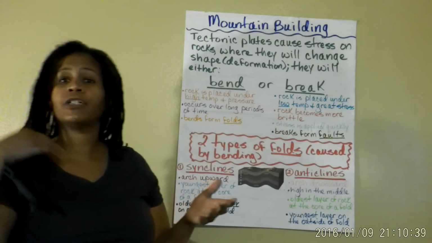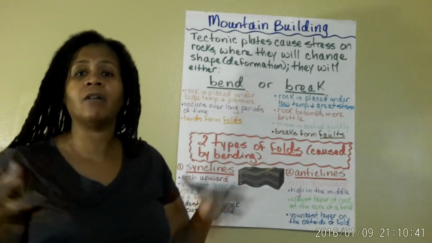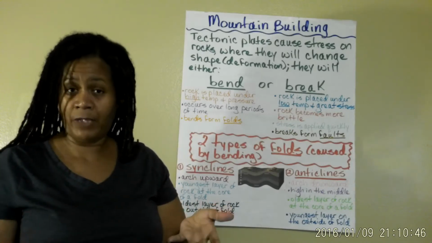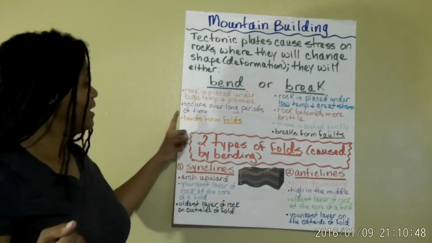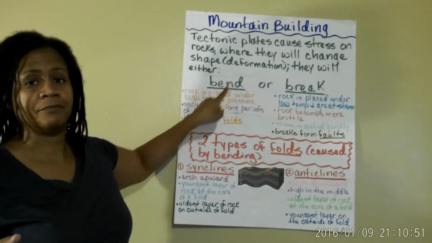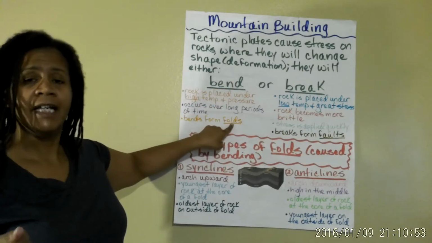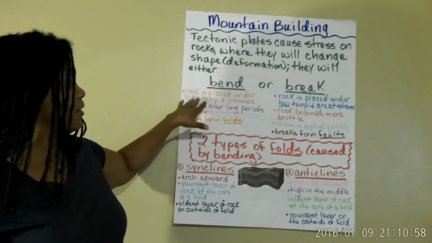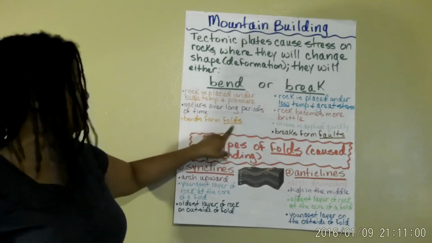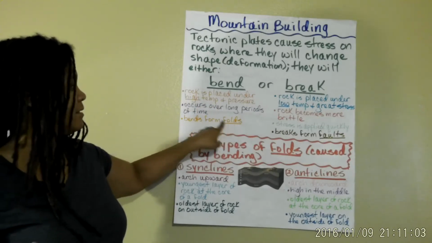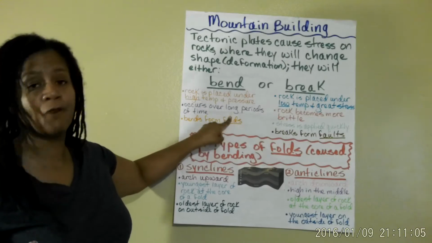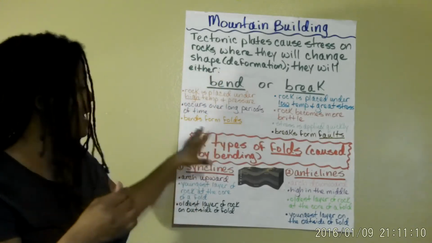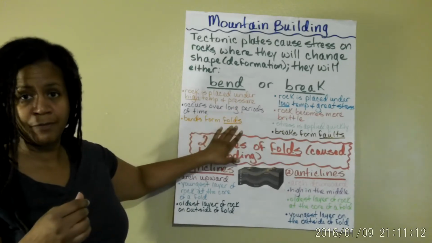Just like when we cook spaghetti, the spaghetti becomes softer, and then it becomes very noodle-like. Okay, same thing. But when that happens, these tectonic plates that are placed under this high temperature and pressure form bends, and the bends form folds, okay? So the plates will bend, and the bends form folds, okay?